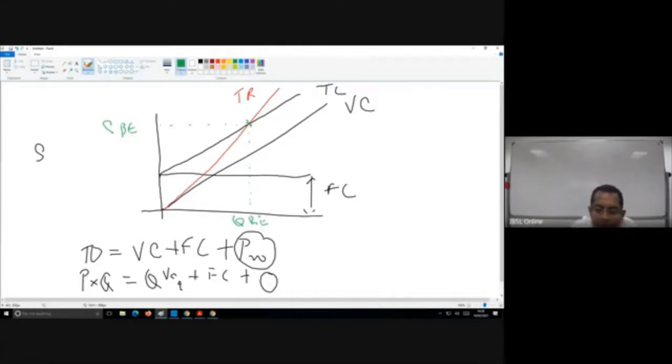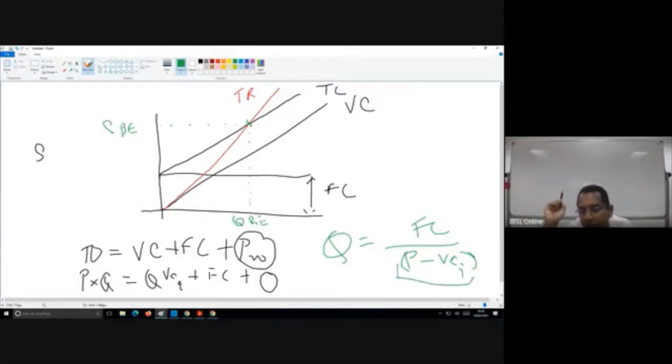Then break-even quantity equals fixed cost divided by price minus variable cost per unit, right? This one is called contribution. What is the amount of money we will be contributing towards the recovery of fixed cost per item?